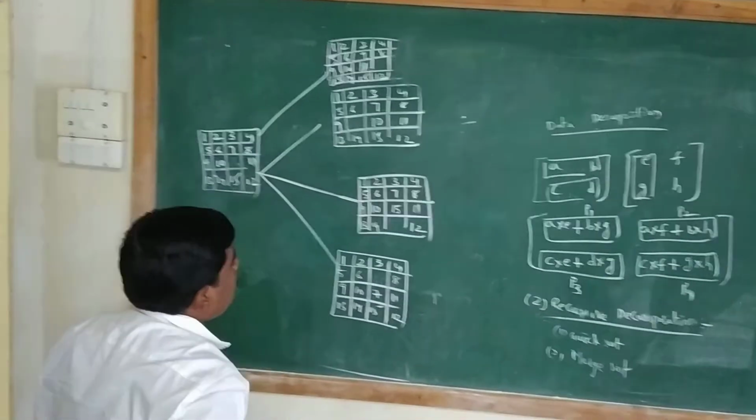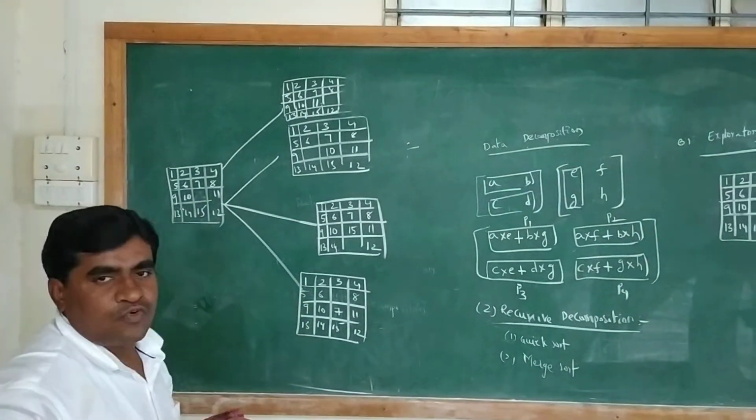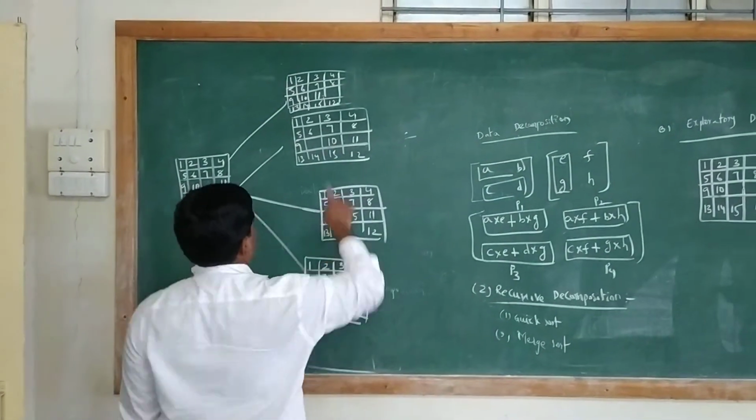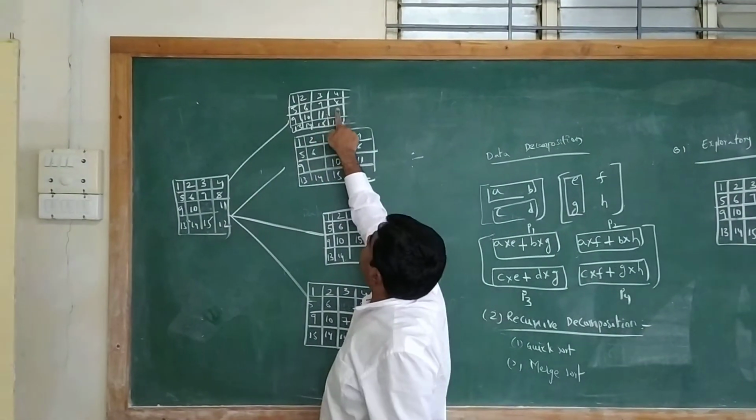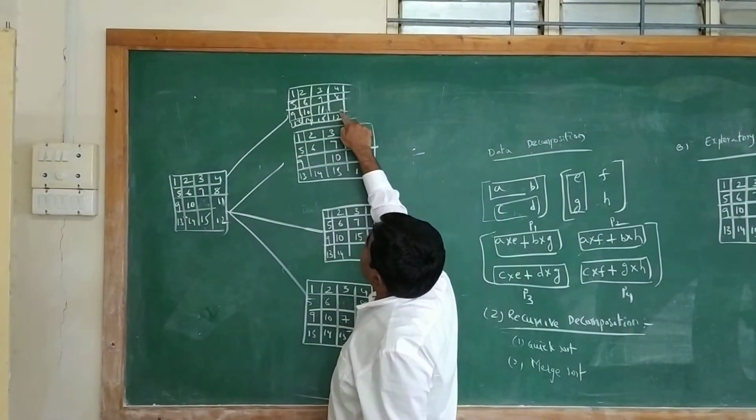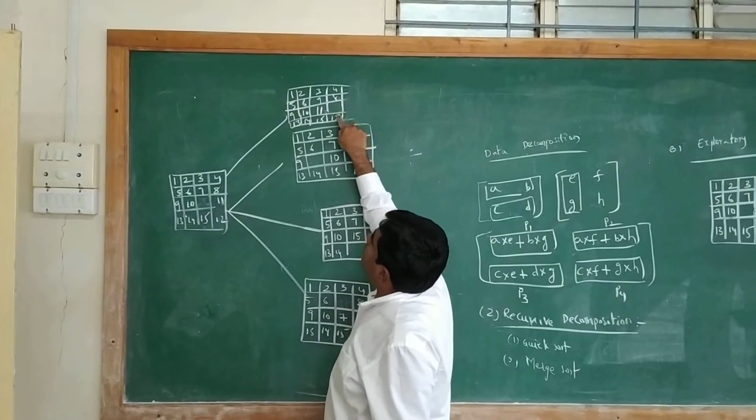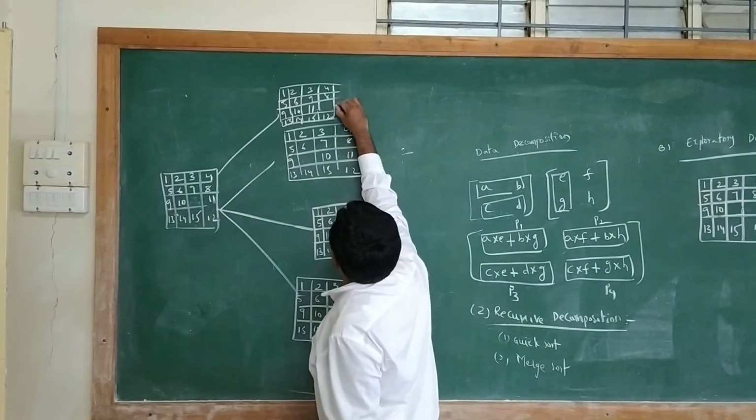So again we have to apply the same strategy to these four also. Suppose you are taking this one. So again, where is the empty? Here it is. Suppose we apply upward, downward, left, right. What will happen?